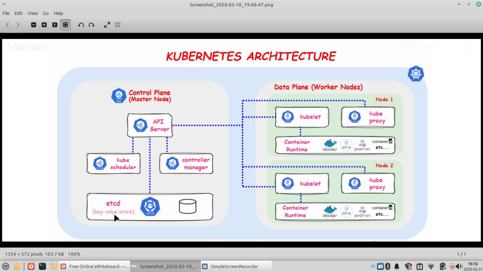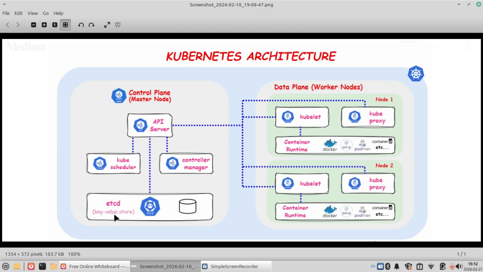So you can also see it that etcd stores what pod exists, what deployments exist, what services exist, what namespaces exist, what node exists. Everything is stored in etcd.